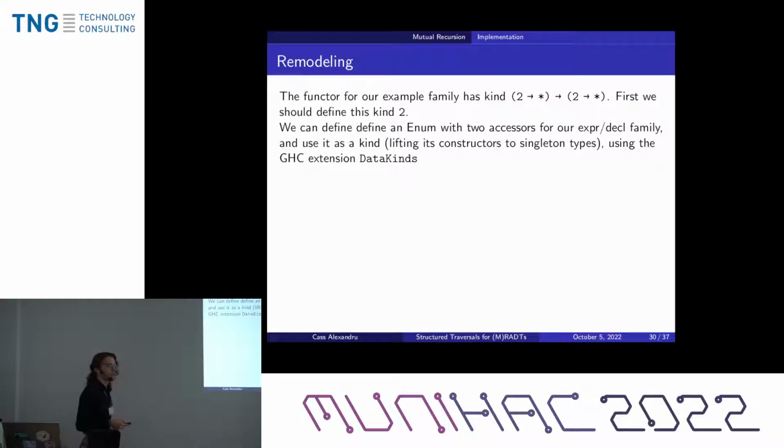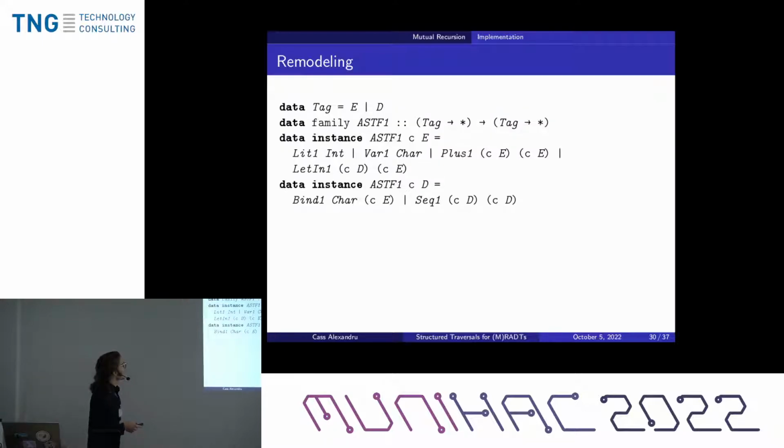So we want an enum with two constructors, E and D, and the type tag will be lifted to the kind tag, and these two constructors will become singleton types.